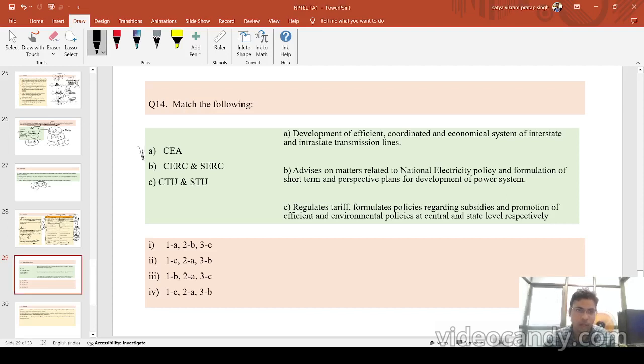You can consider A as 1, B as 2, C as 3. The ABC comparison is given here. First B, second C, third A.